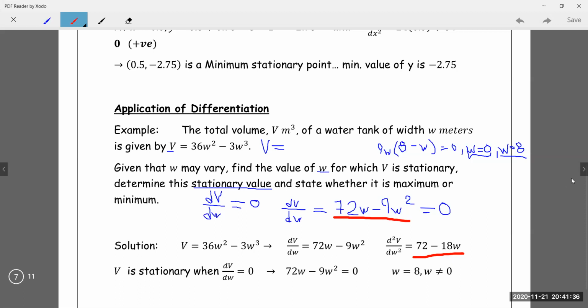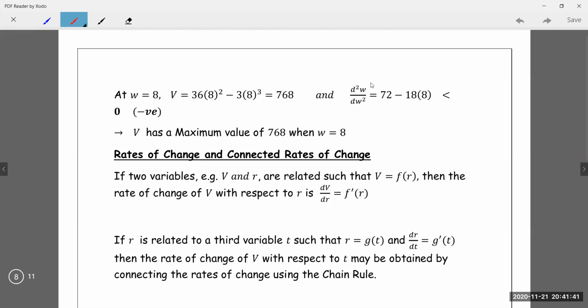You plug in 8 now to determine. You plug in 8 in the second derivative, and you get that it's negative. And so V has a maximum. V has a maximum value when W is 8.